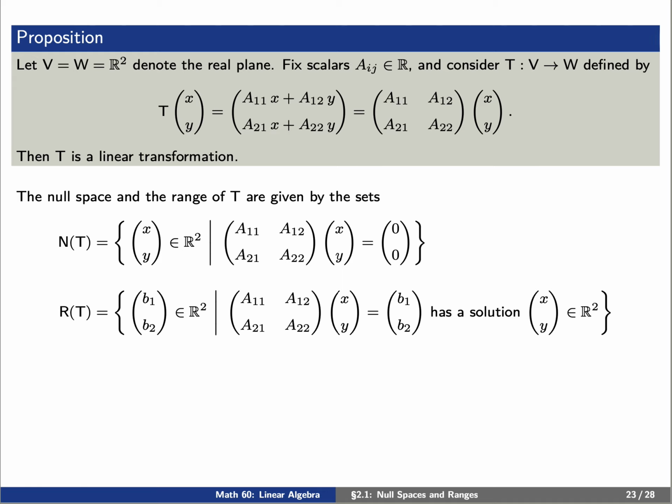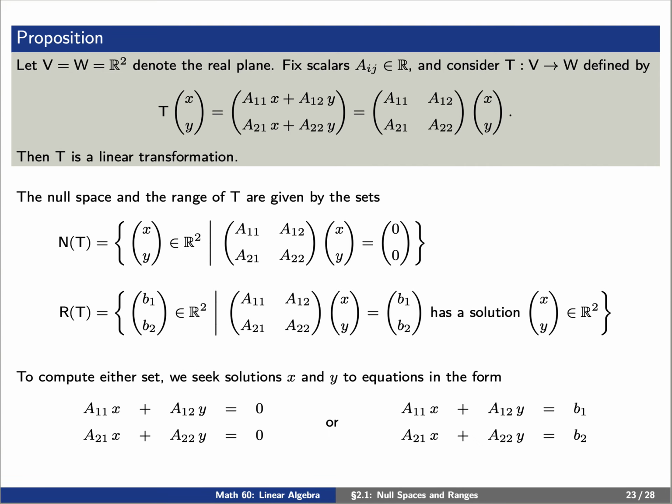If you stare at these in a different way, what we're actually doing is looking for solutions to a system of two equations and two unknowns. The system on the left involves finding points for the null space. The system on the right involves finding points for the range.